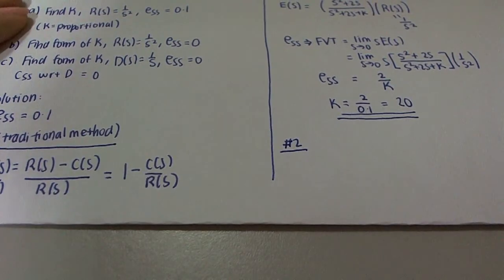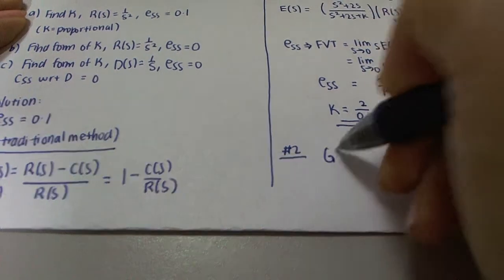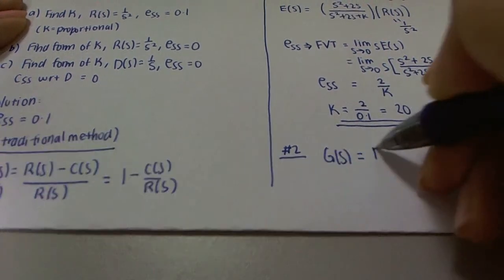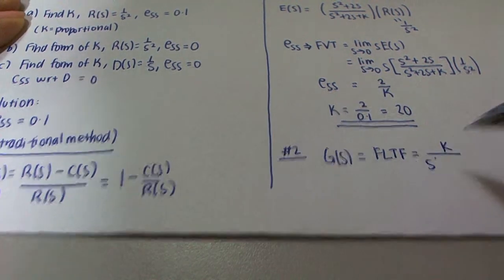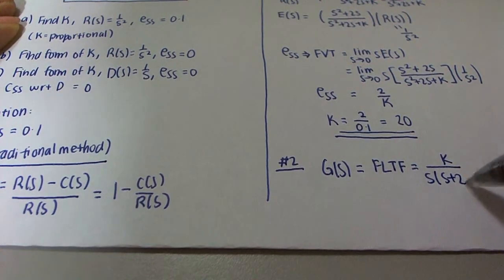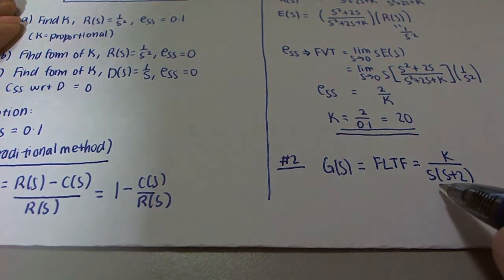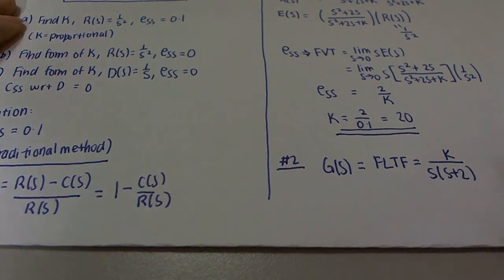We know that our system is basically G(s) equals to the forward loop transfer function K over s multiplied by s plus 2. And we know that this is a type 1 system because we have one integrator in the forward loop transfer function.